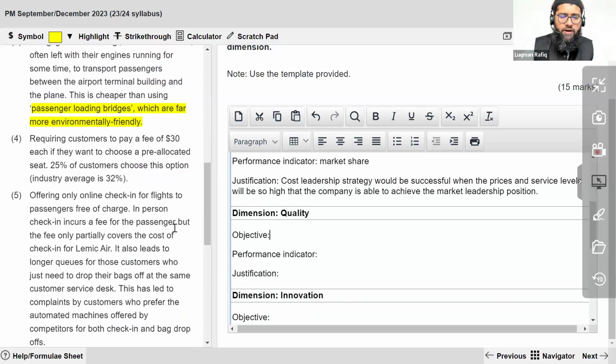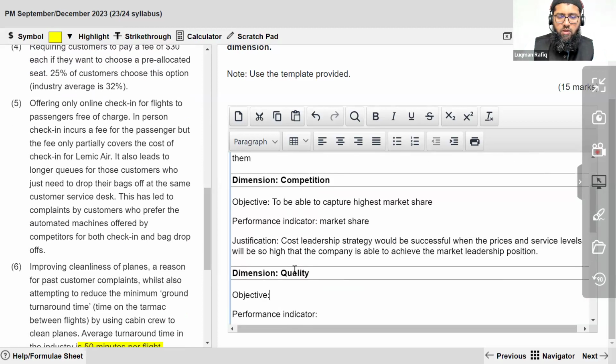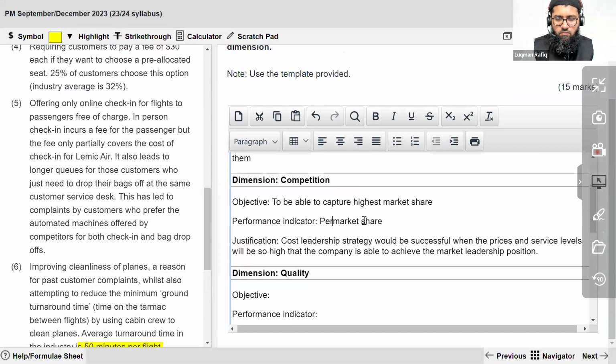Now, with respect to quality, innovation, flexibility, resource utilization, what is going to be the quality? Yes, use the percentage of market share. Quality.